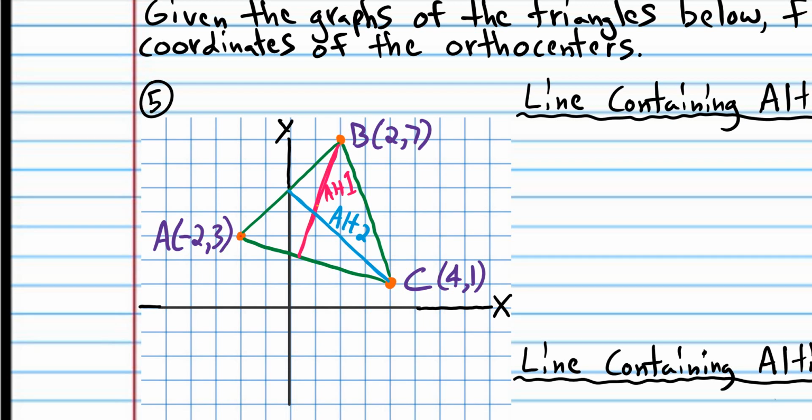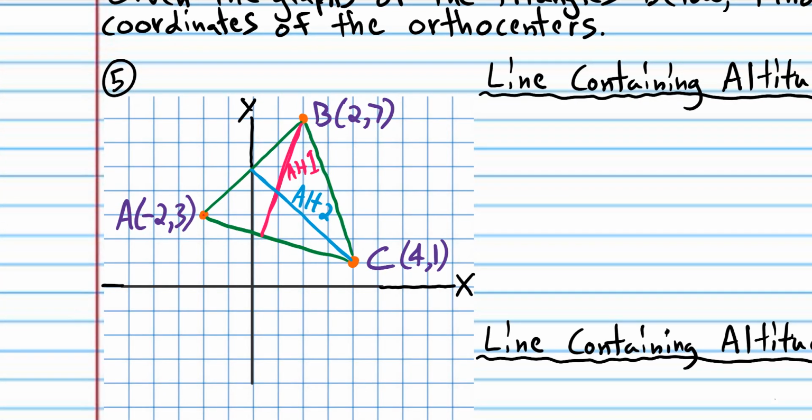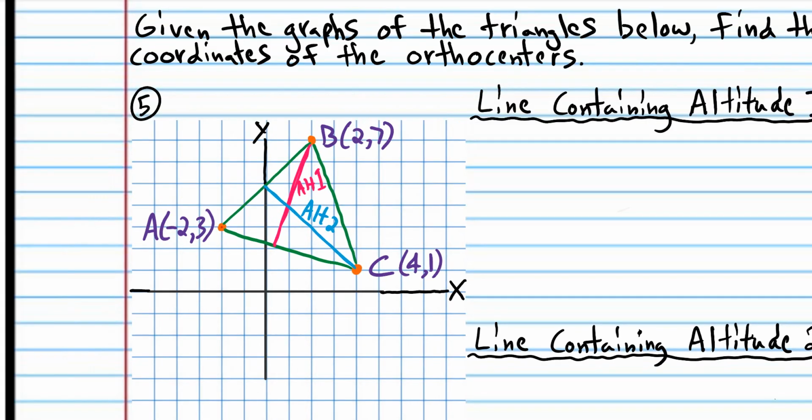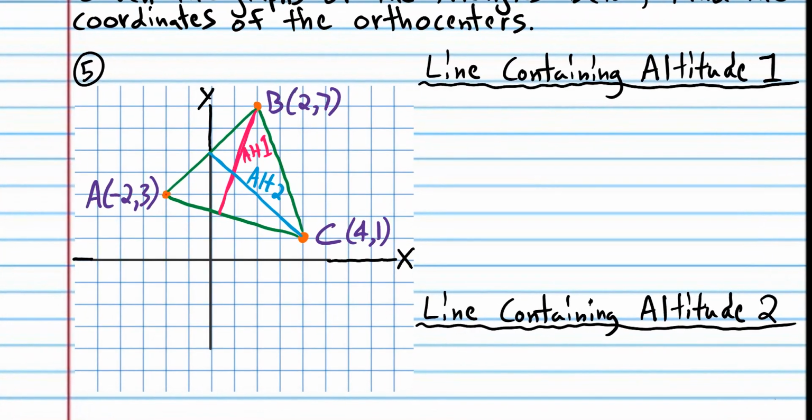I know that because we've shown that altitudes of triangles are always concurrent, we only need 2 equations. Now you're probably thinking to yourself, wait a second, can't we just write this coordinate? Well, we could write that coordinate and it would probably be correct, but sometimes the math is not going to be that easy. So you need to learn how to find the coordinates with some more sophisticated methods here.